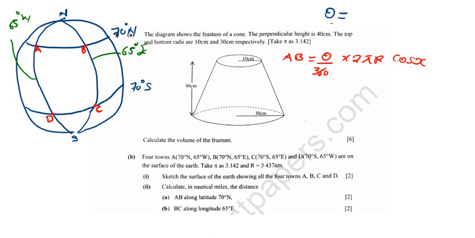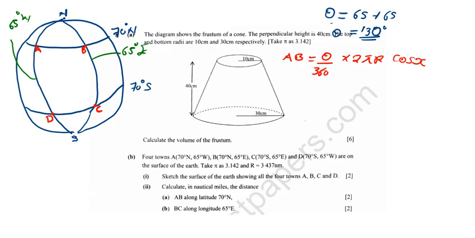If they are on different sides, you add. So it will be 65 plus 65, and I'm getting 130 degrees for theta.